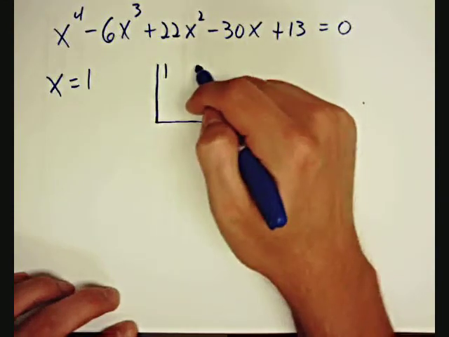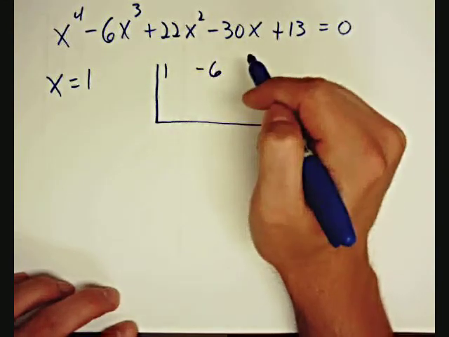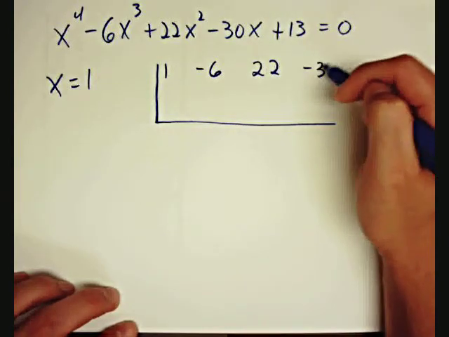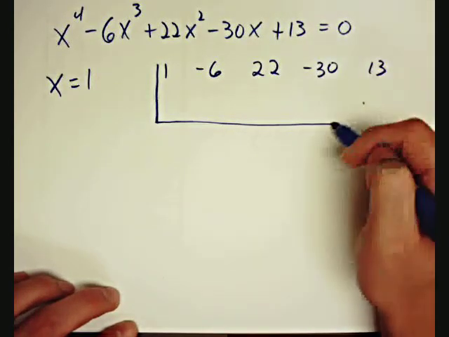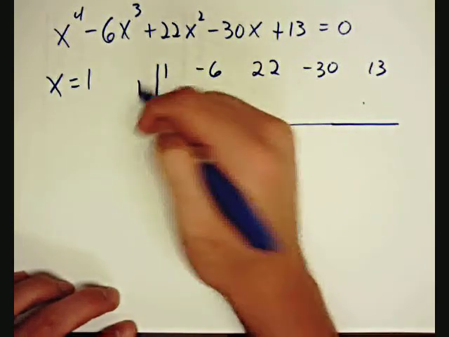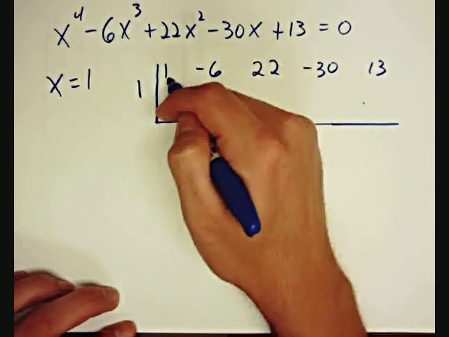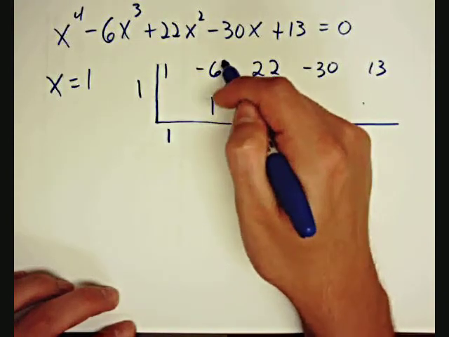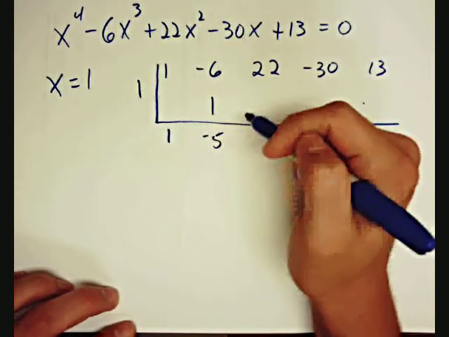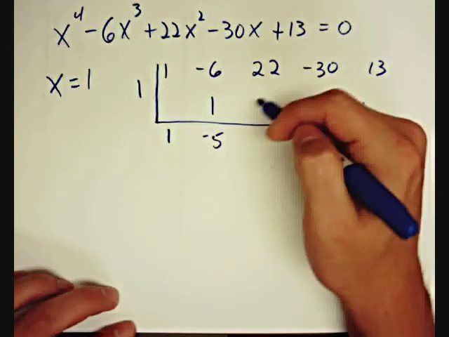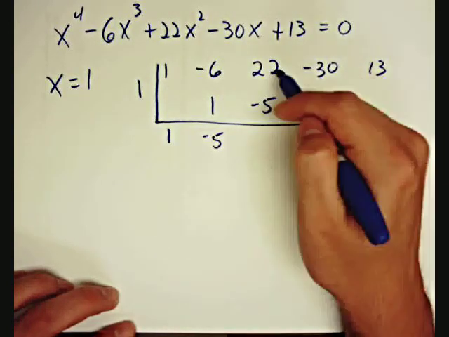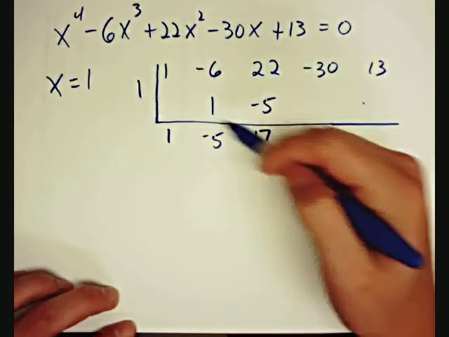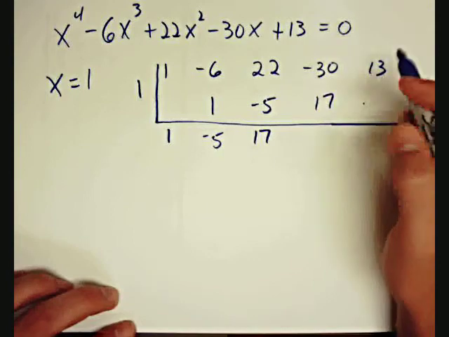1x to the 4th power, negative 6x cubed, 22x squared, negative 30x, and 13, with our 0 of 1 outside. Bring down the 1. 1 times 1 is 1. Negative 6 plus 1 is negative 5. 1 times negative 5 is negative 5. 22 minus 5 is 17. 1 times 17 is 17.